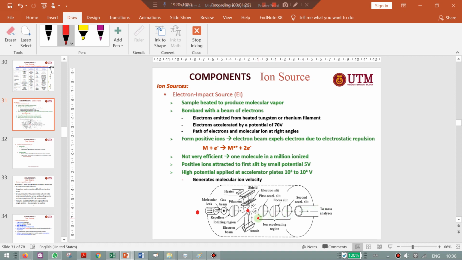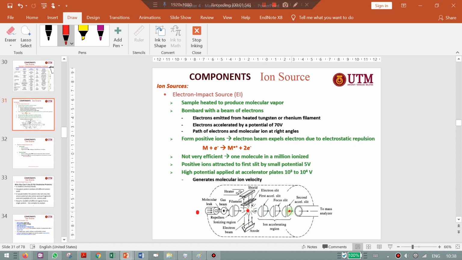The slits here have different potential volts. For example, here maybe 10 power of 3 volts, here 10 power of 4, maybe here 10 power of 4. So the potential applied at the slits, which we call the accelerator plates, is increasing to accelerate our molecule.